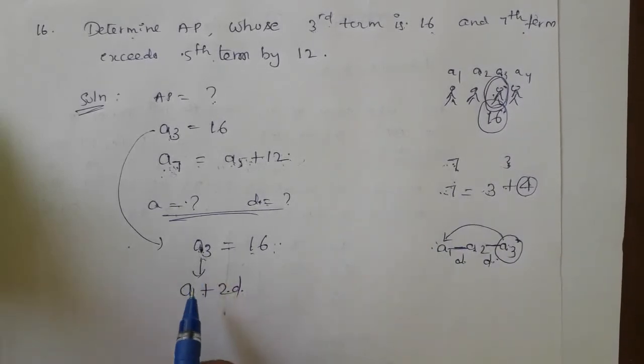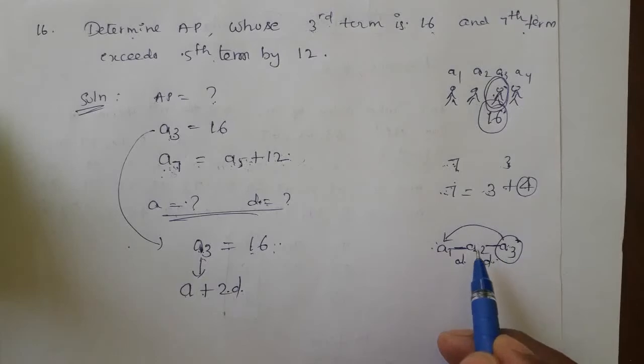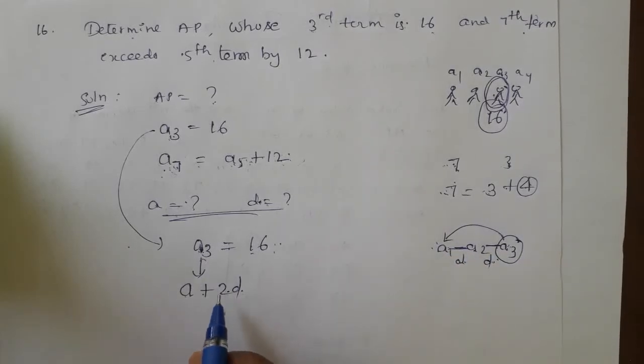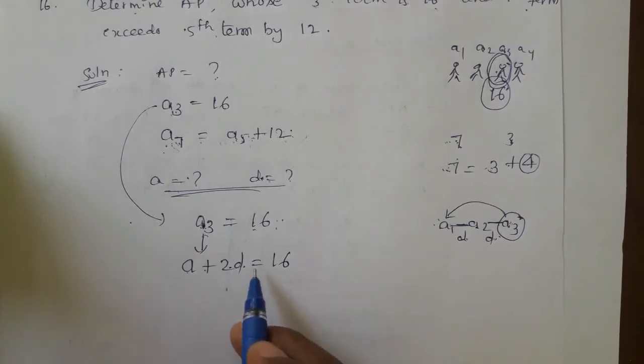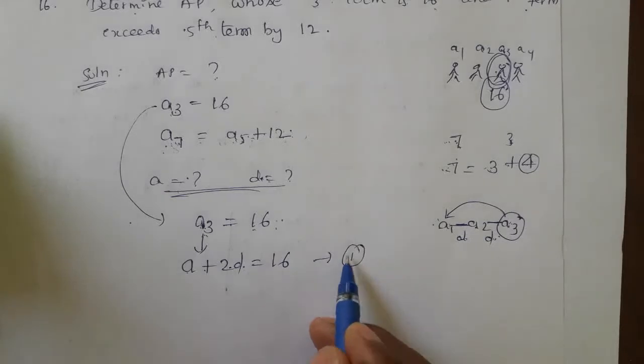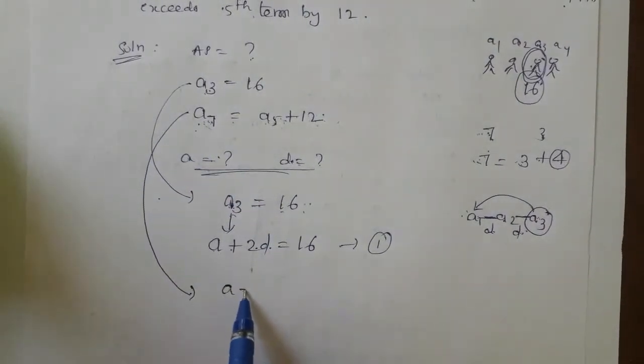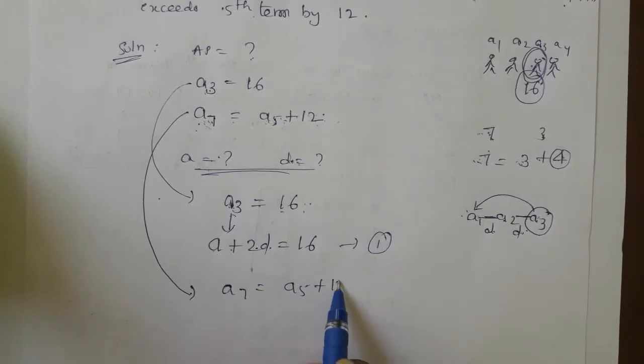So to get A3, we add 2D to A. A plus 2D is equal to 16. We cannot move this forward yet, so we write this equation as 1. Now we go for the second one: A7 is equal to A5 plus 12, which is given.